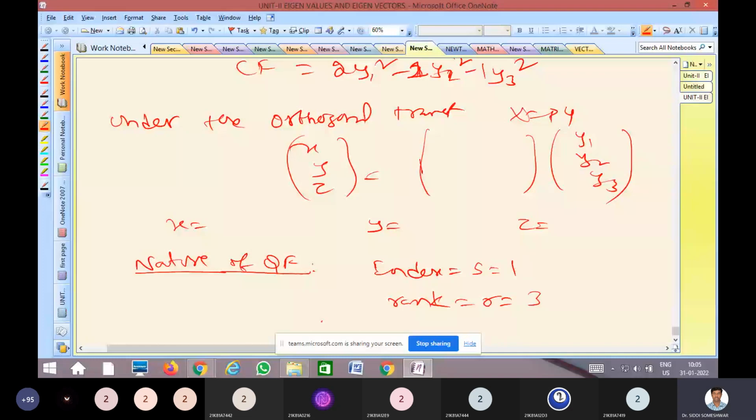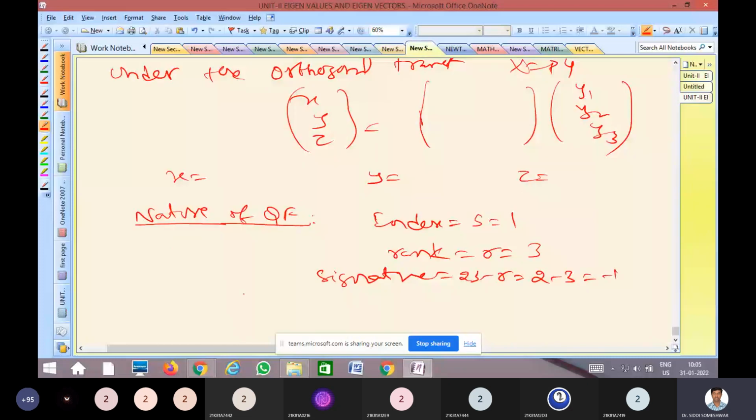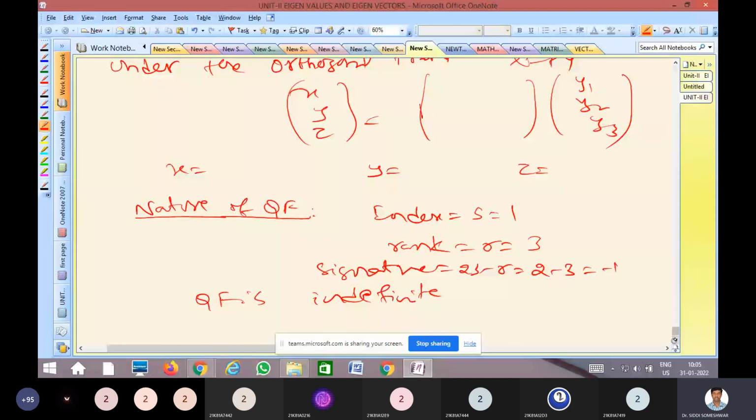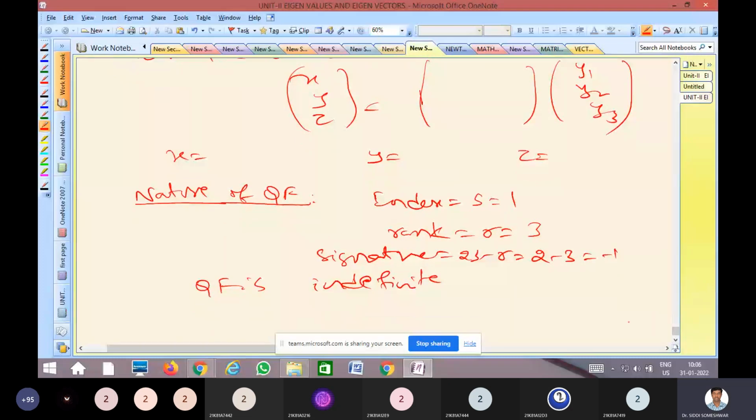And the signature, if you identify 2s minus r, so 2 minus 3, minus 1. So here you have negative and positive terms, so we can say the quadratic form is indefinite, because it is not satisfying any of the first four properties among the five forms of the nature of the quadratic form.